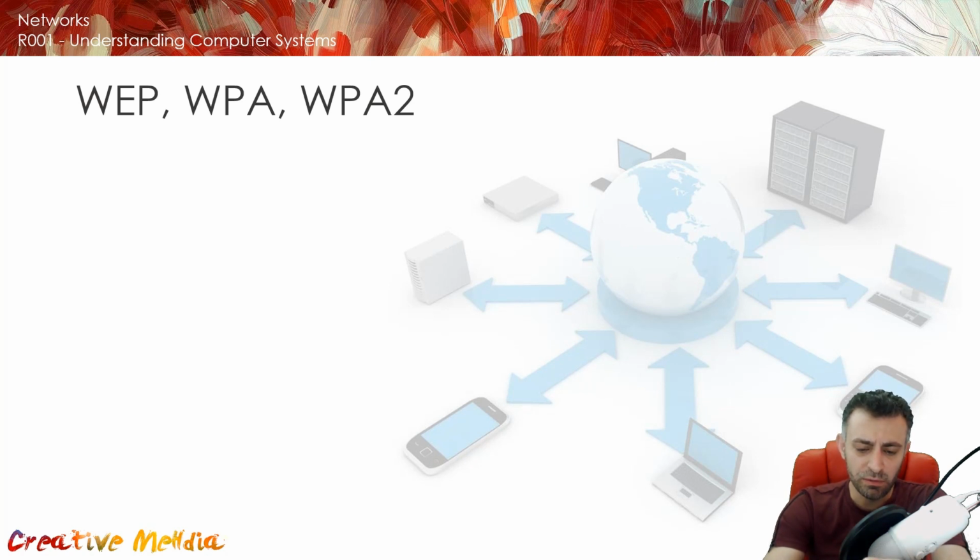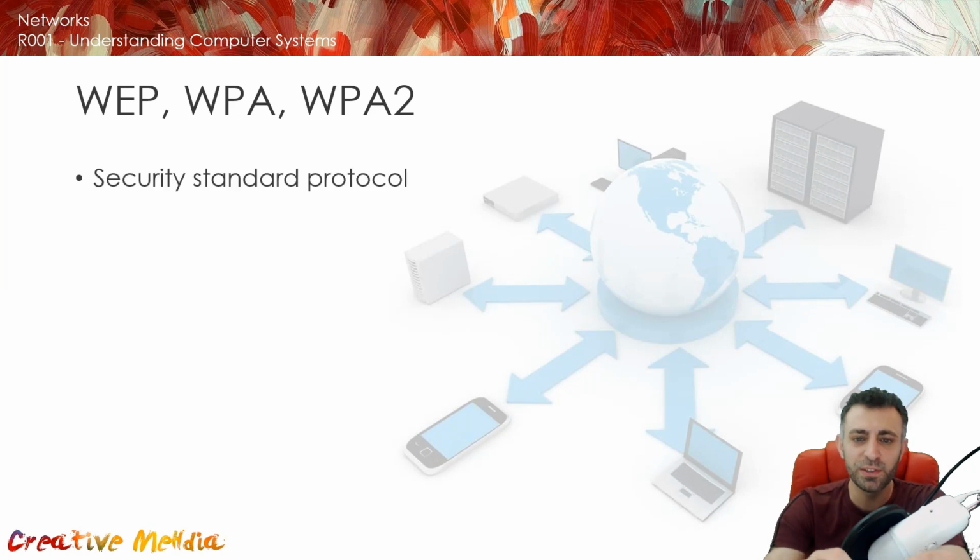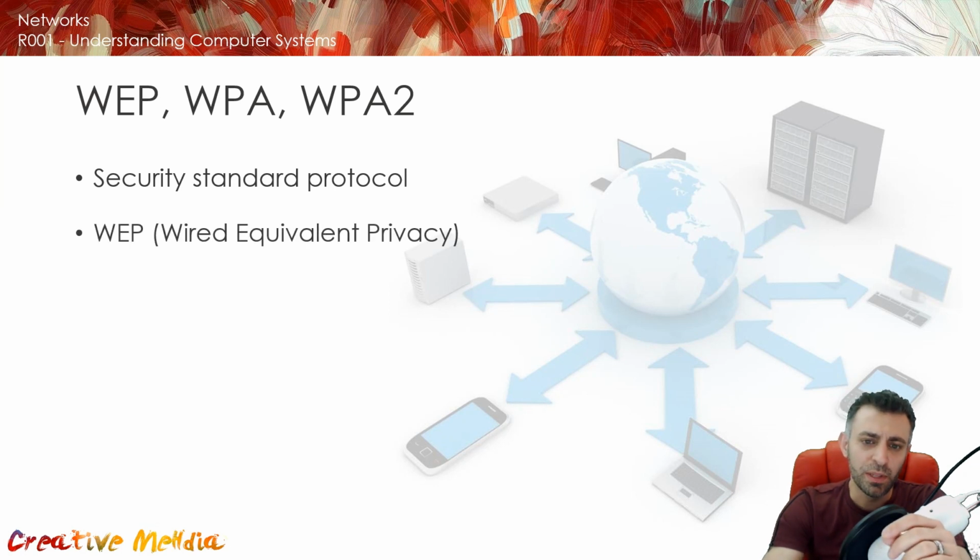When it comes to wireless network security, you will often hear WEP, WPA, and WPA2, or AES, TKIP. What are these? What you need to understand is that WEP, WPA, and WPA2 are security standard protocols. That means they came up with a specific protocol to secure a wireless network.